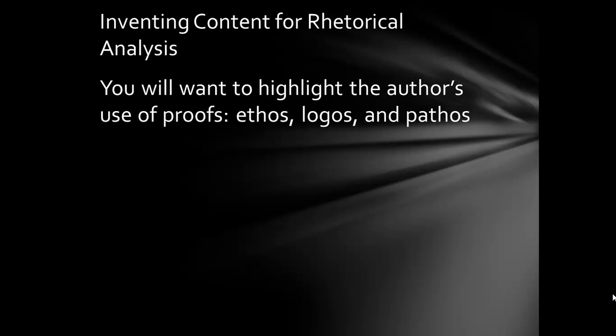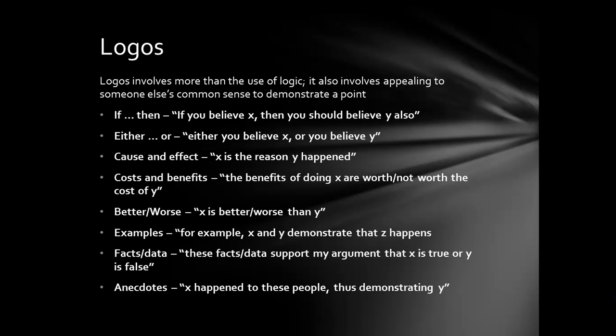Now, inventing content for your rhetorical analysis, you'll want to consider the author's use and highlights of proofs, such as ethos, logos, and pathos, which we discussed last week. Now, logos involves more than just the use of logic. It also involves appealing to someone else's common sense to demonstrate a point.